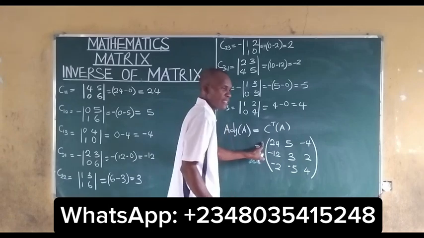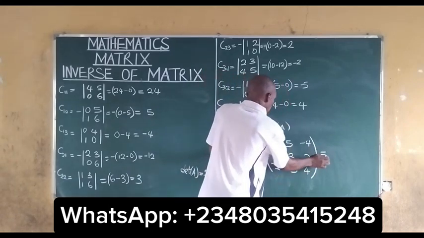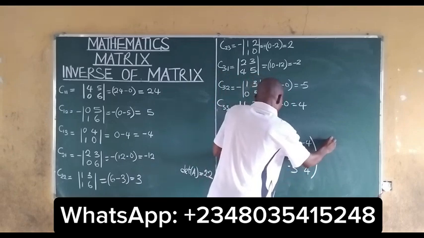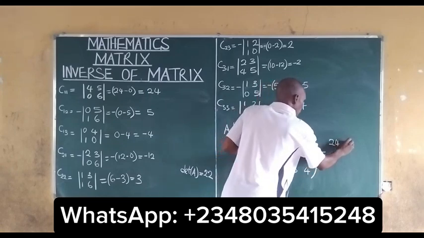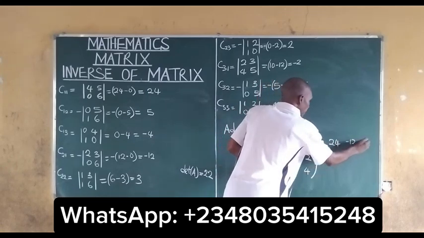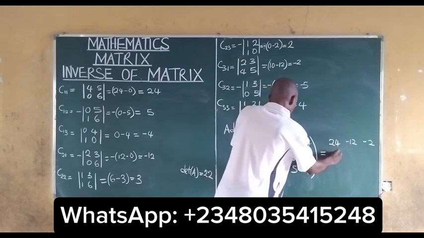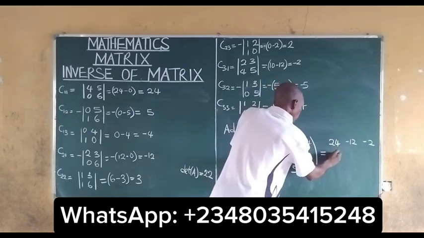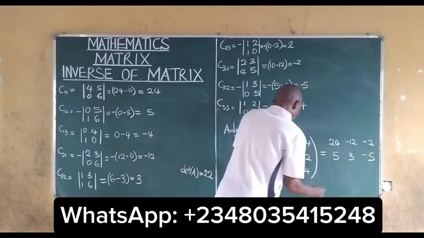So if we transpose this whole matrix, we get 24, negative 12, and negative 2. Then we have 5, 3, and negative 5.